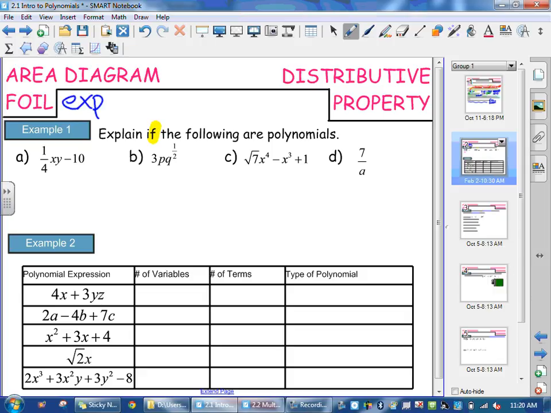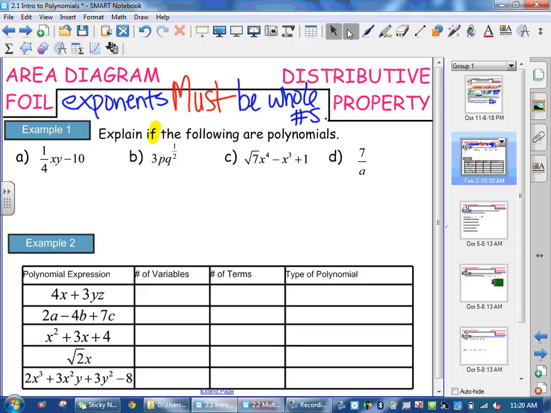The exponents must be whole numbers, meaning 0 to positive infinity. That means no fractions, no negative exponents. So if we take a look at all these examples, some of them are polynomials, and some are not because they don't fit the condition.